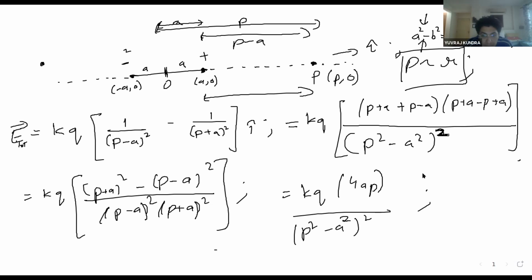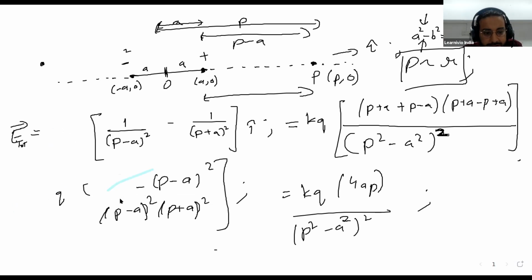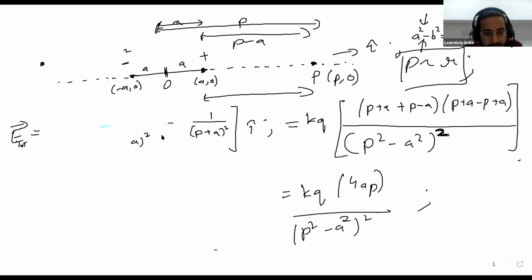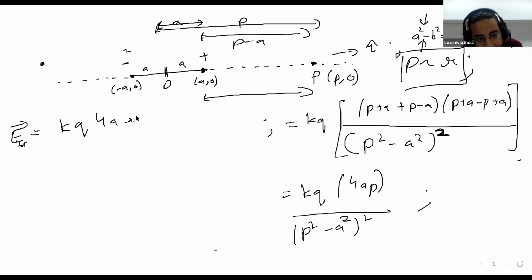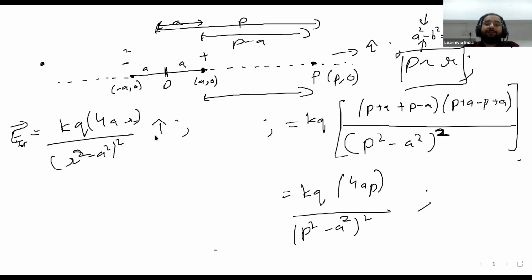So my actual E total, written at the end in terms of r rather than p, is just kq 4a times r over (r² − a²) whole squared, in the direction I cap. Make sense? Yes.